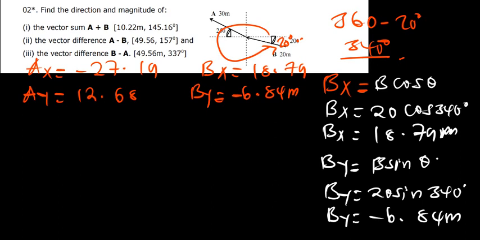Now with this A plus B, one thing we have to know is that when I'm adding these vectors, I need to get the x component and the y component. So I'm going to say my A plus B, you put them in the brackets, then you put x here, meaning this is my x component of A plus B. Does that make sense?